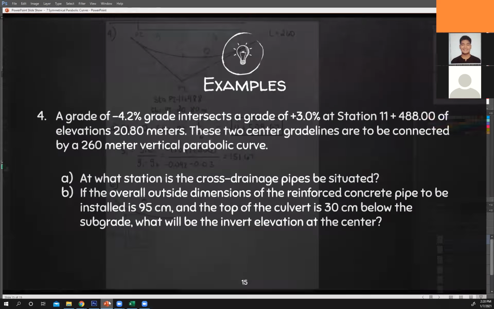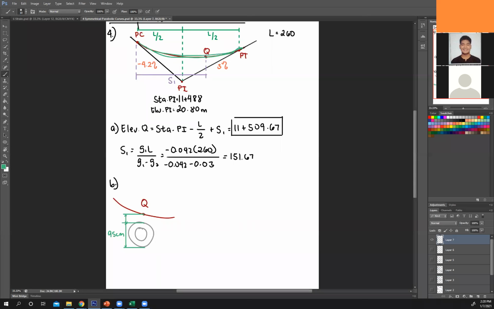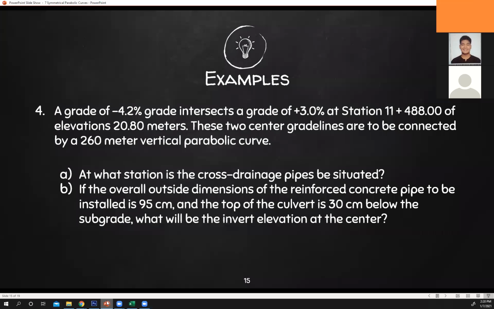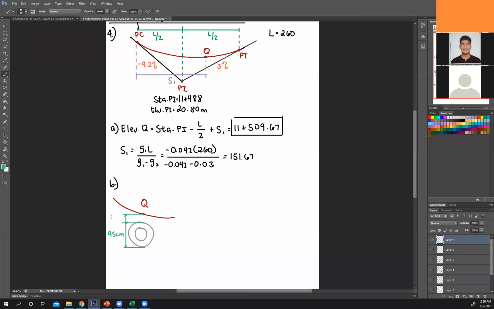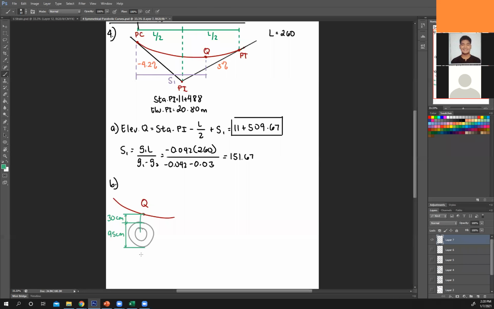What do you mean by subgrade? Subgrade is just this. And 30 centimeters. So this is... and we're looking for the invert elevation at the center. So at the center just means here, this is what we're looking for actually.